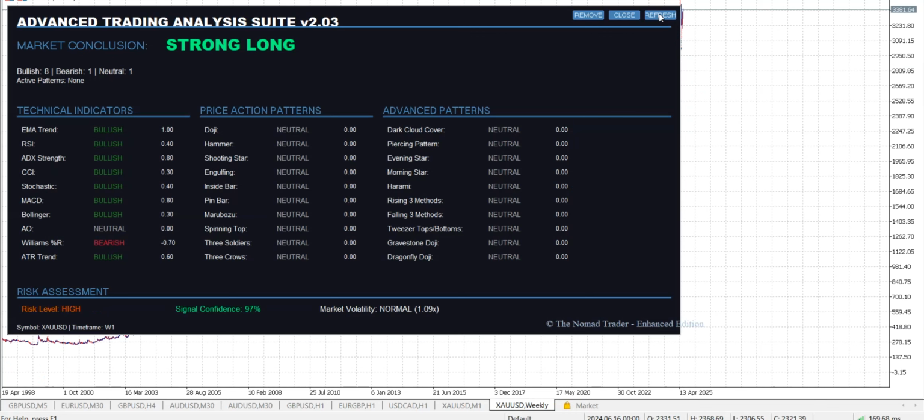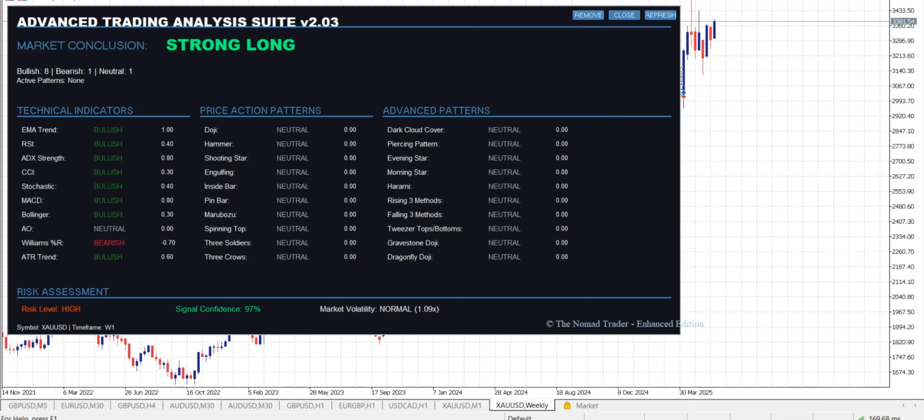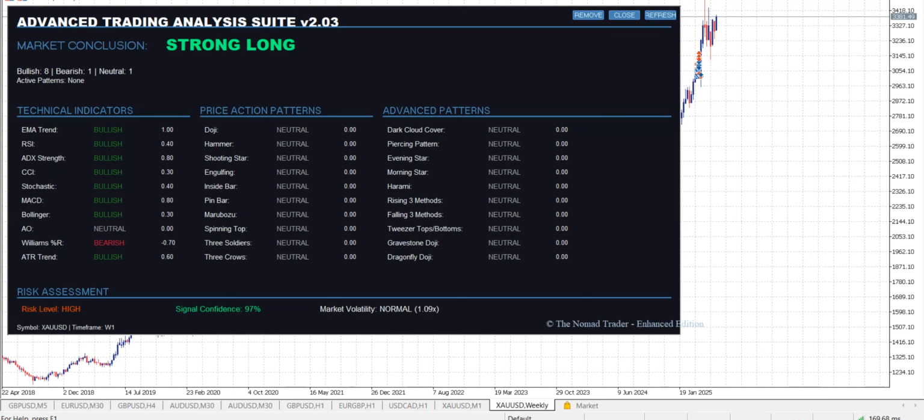Let's see what we are seeing on the gold weekly chart. It has a strong upwards prediction on the weekly. What I also want to include is the risk of each time frame, the range the market on average can move within these predictions.